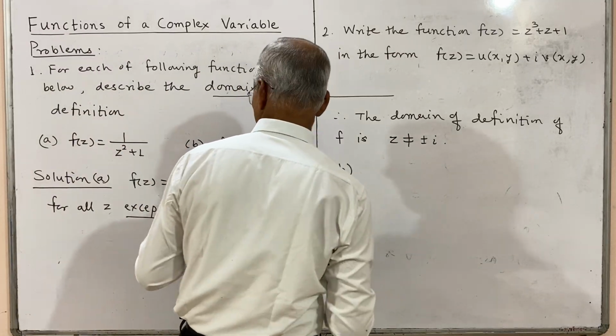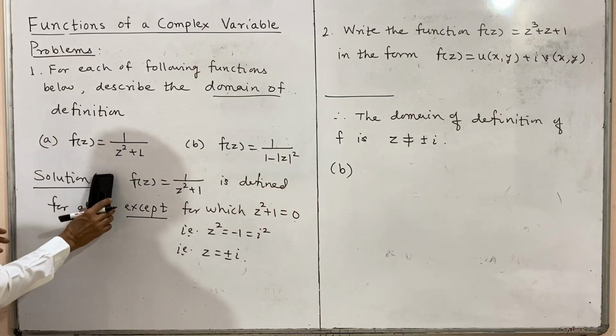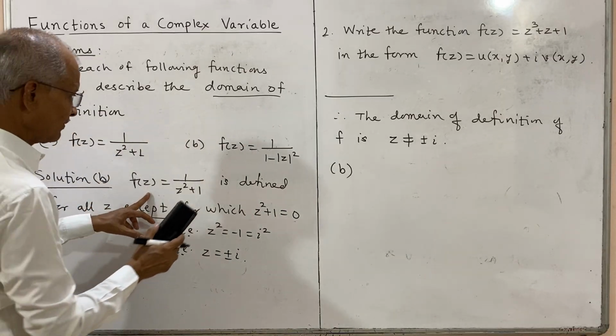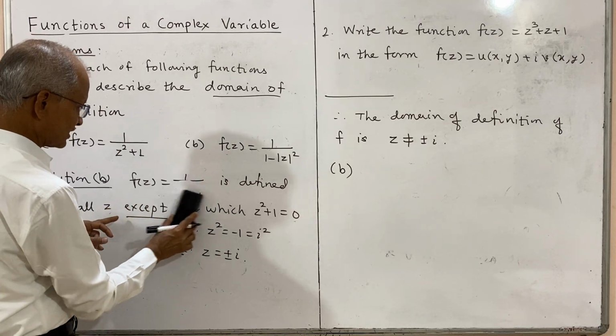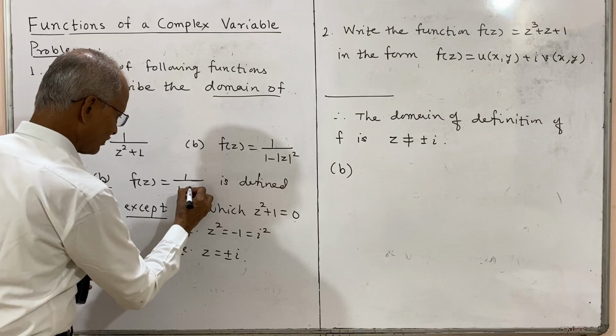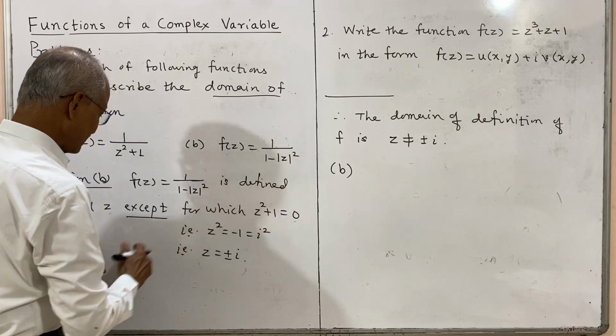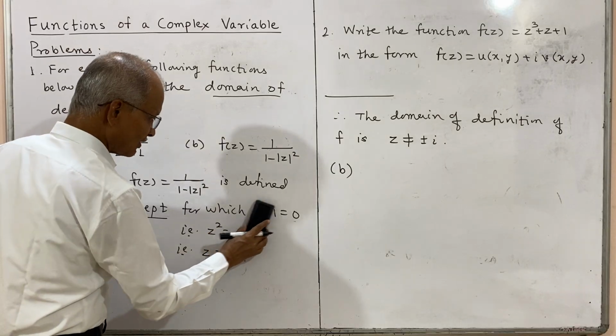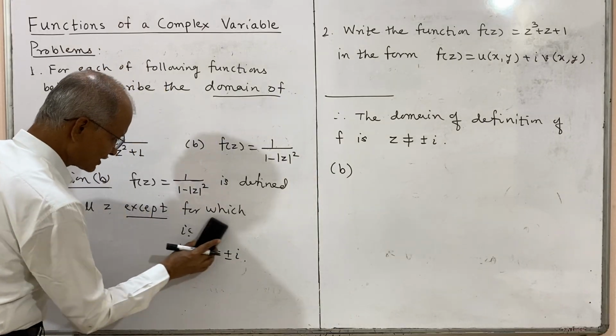See, we shall consider here part B of the solution. f(z) = 1/(1 - |z|²) is defined for all z except those for which 1 - |z|² is equal to 0.